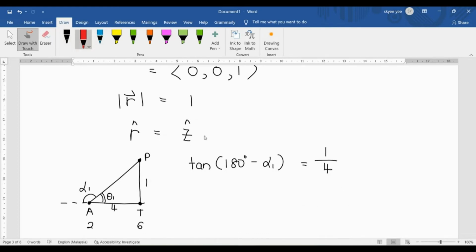This represents the angle theta 1, so you can calculate alpha 1.